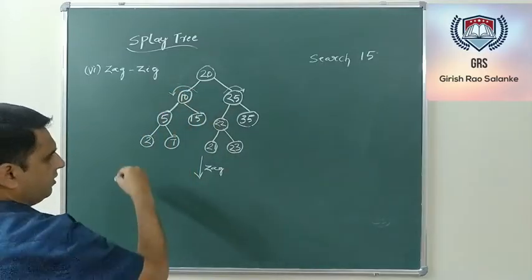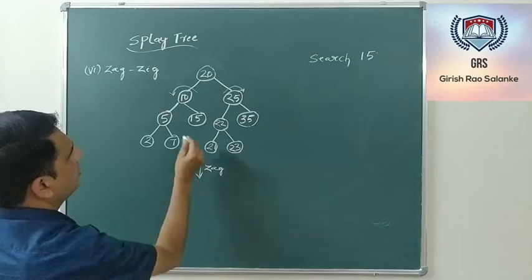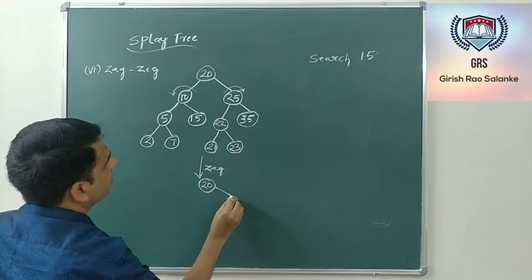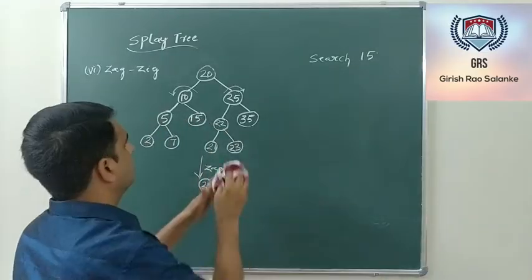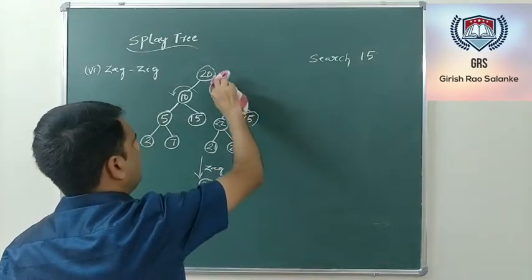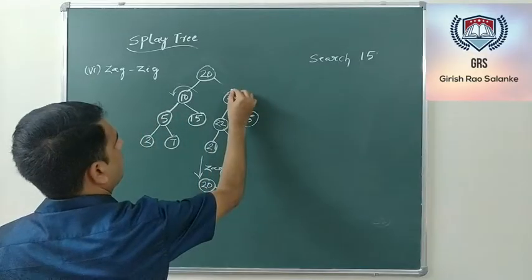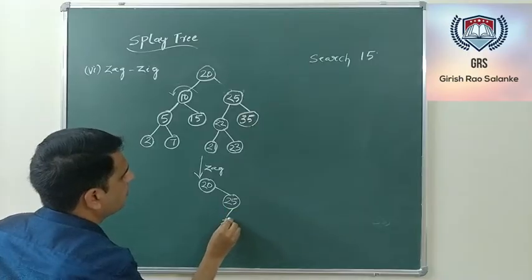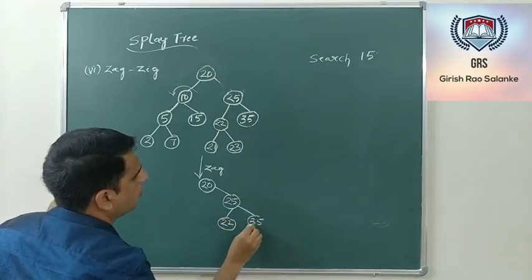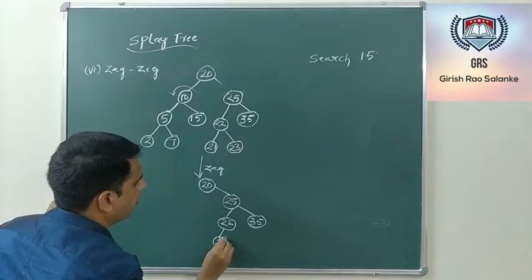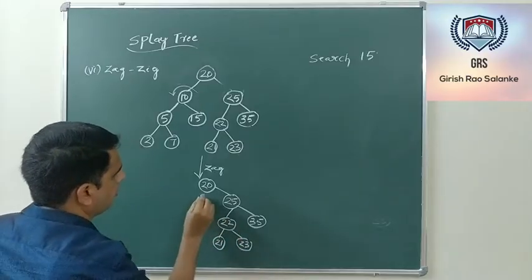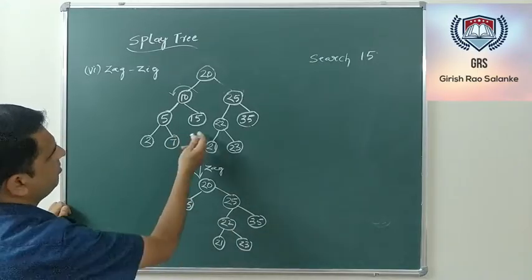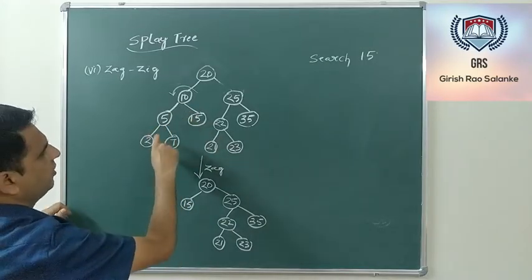Zag rotation means 20 will be the root node, and the entire right subtree remains as it is. Now the left child of 20 became 15, because I have performed a zag rotation.